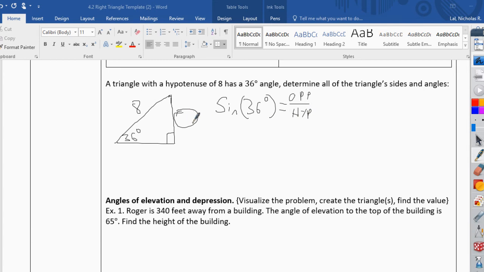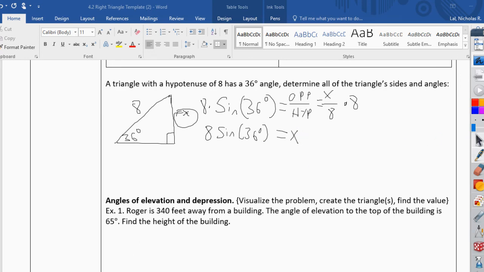What's the opposite side equal to? Let's call this opposite side x. So what do we have for the opposite side right now? x. What's the hypotenuse? 8. So what can we do to isolate x? Multiply each side by 8. So now, 8 times the sine of 36 is equal to x.